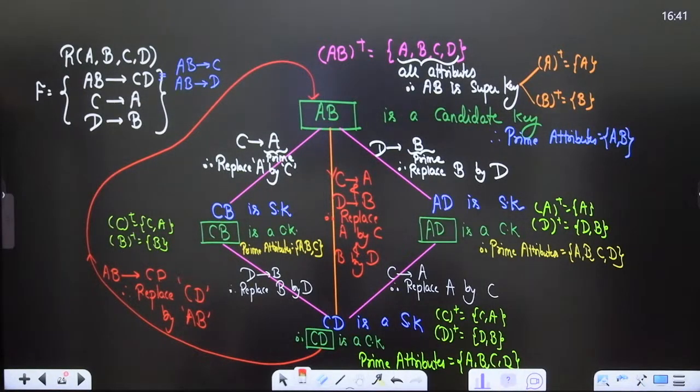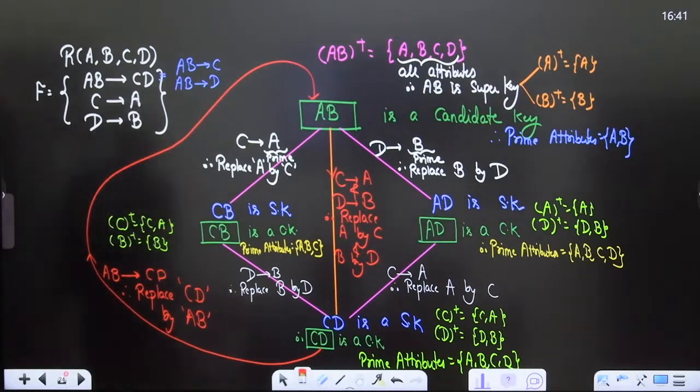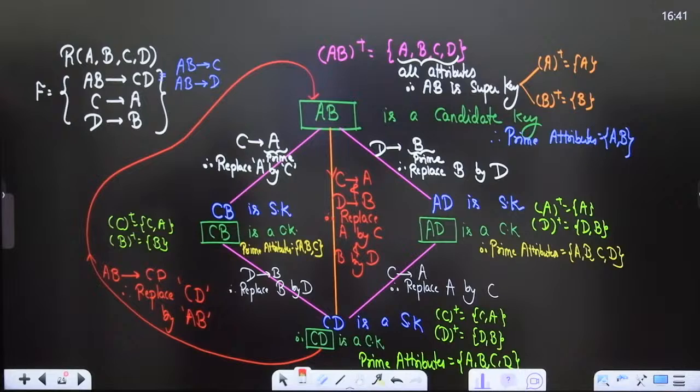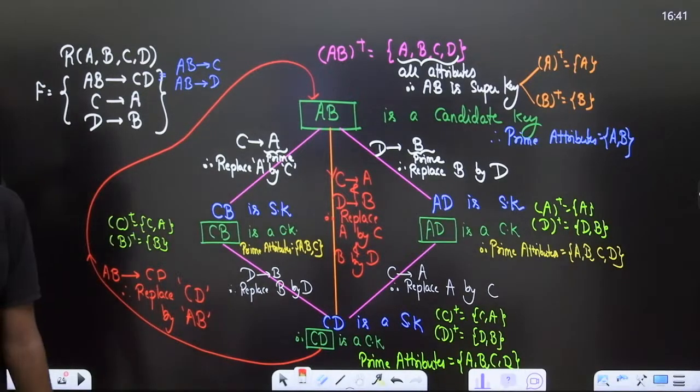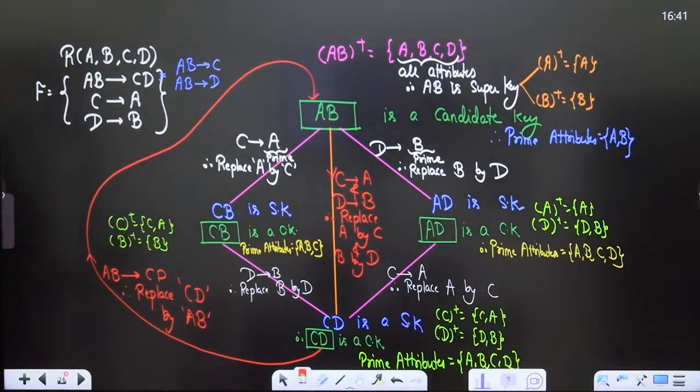There is no other way to find the candidate keys of a relation. While I am writing all these things, they are just for better understanding during revision. Otherwise, I don't have to write all these things. I can look at the FDs and say what the candidate keys of this relation will be.